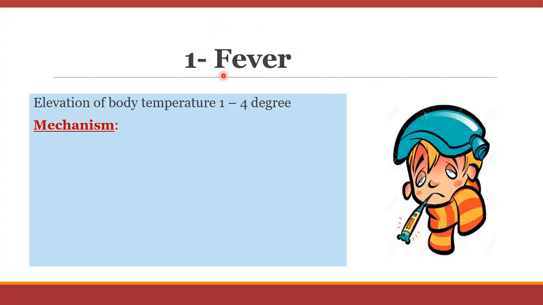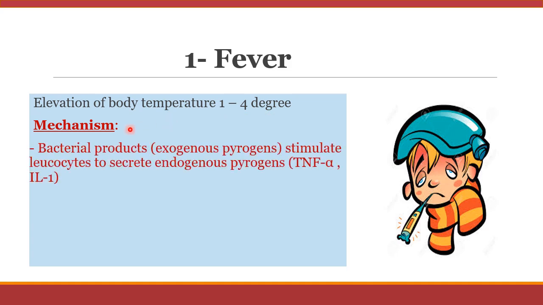The first systemic effect of acute inflammation is fever. The word fever means elevation of body temperature by 1 to 4 degrees above the normal range. The mechanism of fever development includes the effect of the bacterial products that are present at the site of inflammation and bacterial entry.